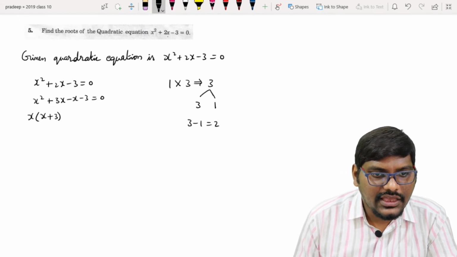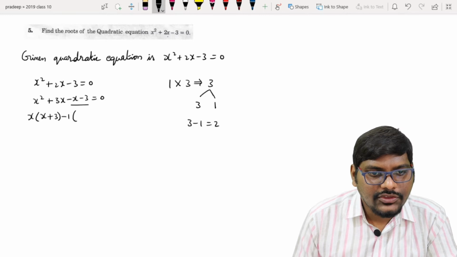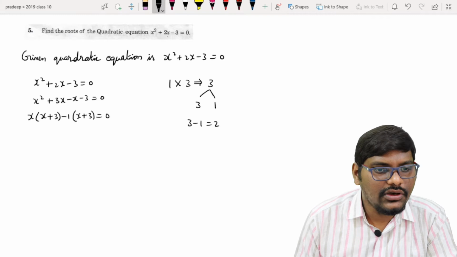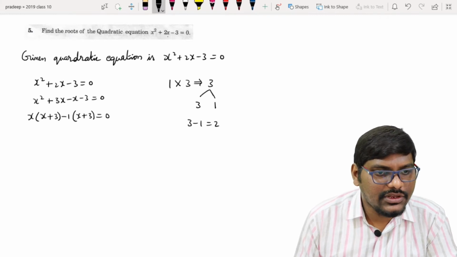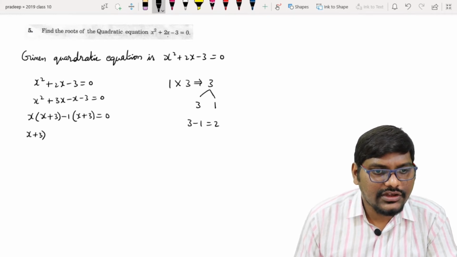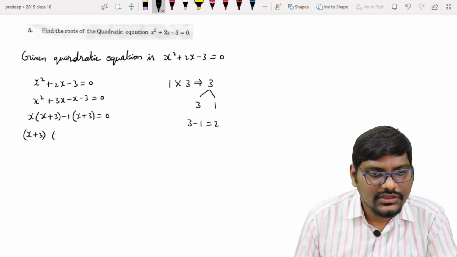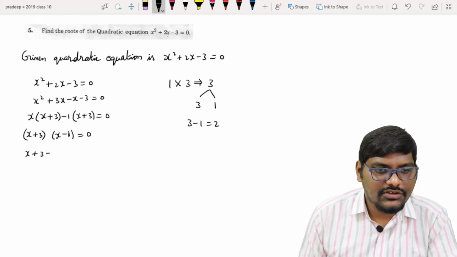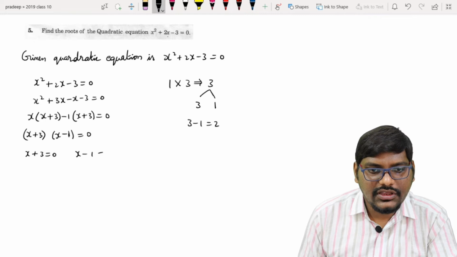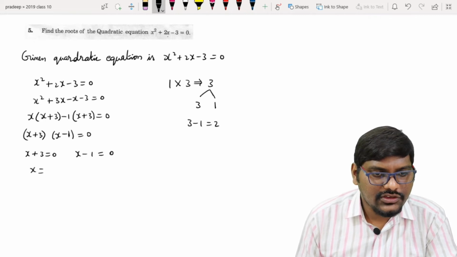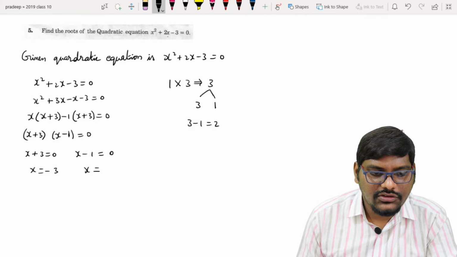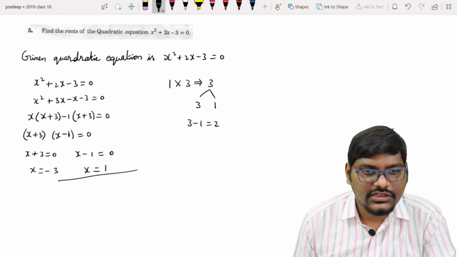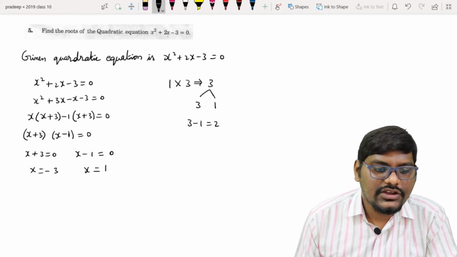In the second part I can take minus 1 as common, and I'm left with x plus 3. So here I can take x plus 3 common, and I remain with x minus 1 equal to 0. Now I can write this separately, x plus 3 equal to 0, x minus 1 equal to 0. So this becomes x equal to minus 3, x equal to 1. So these are the roots for the quadratic equation.